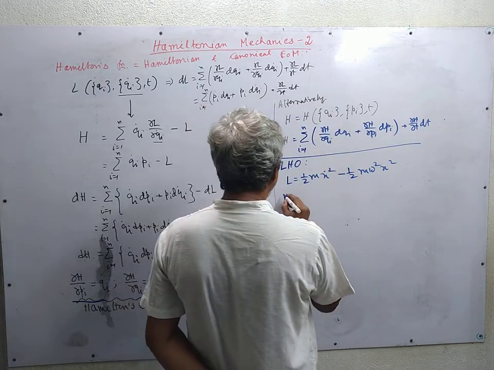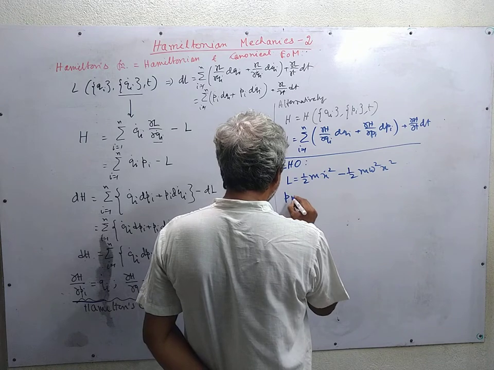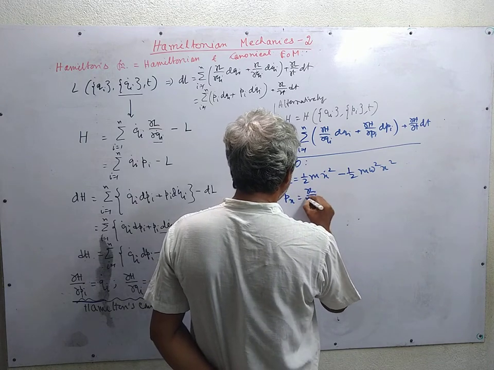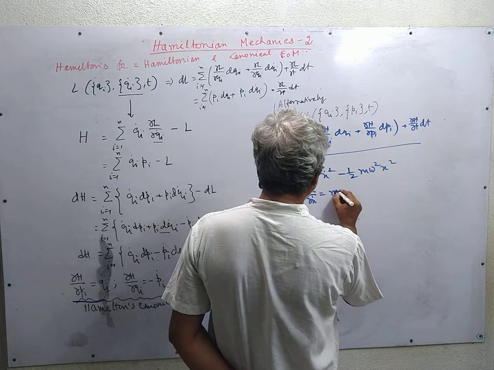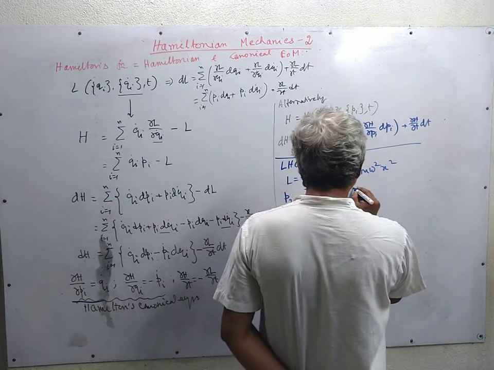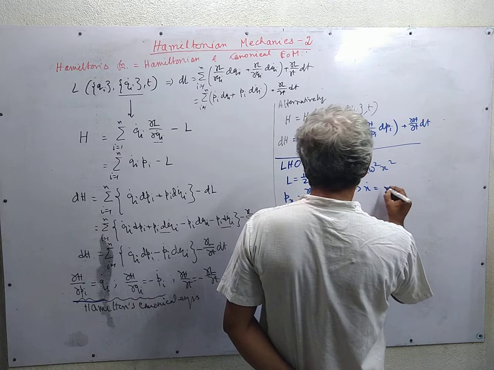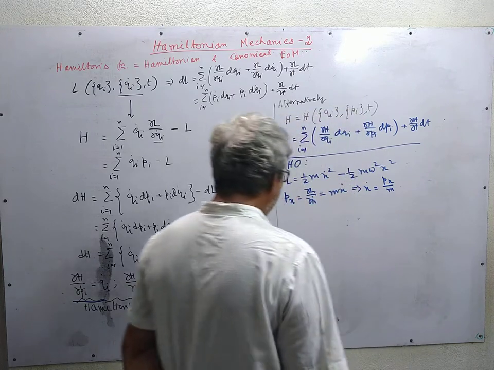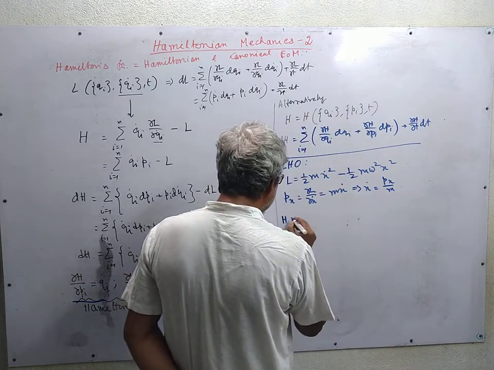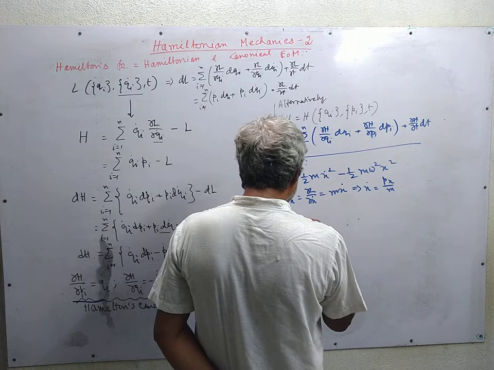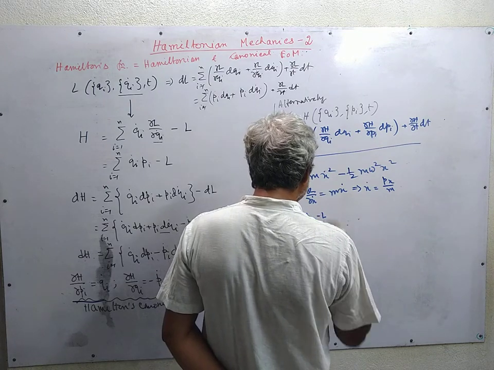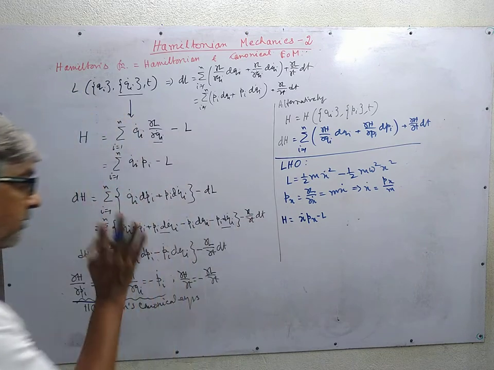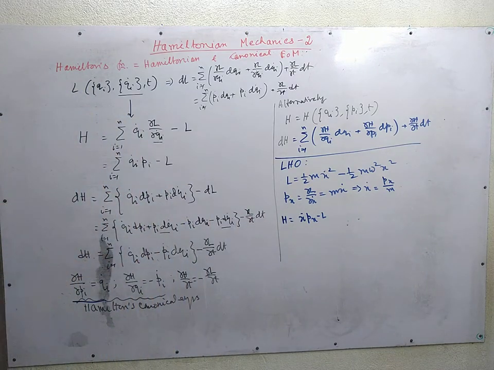So we define Px equal to ∂L/∂x dot, equal to m x dot, which gives us x dot equal to Px by m. And we define the Hamiltonian as x dot Px minus L. This is the customary definition of H. Do not write H as T plus V, because that definition is valid only for a conservative system.